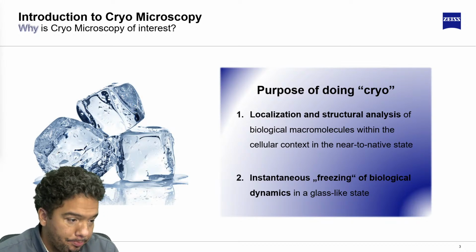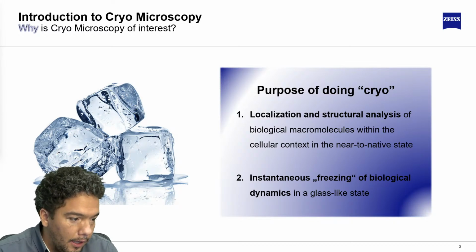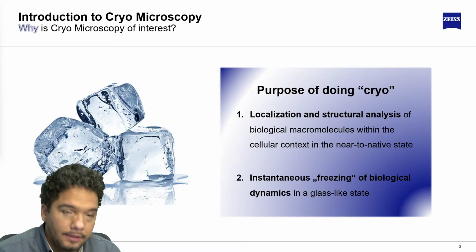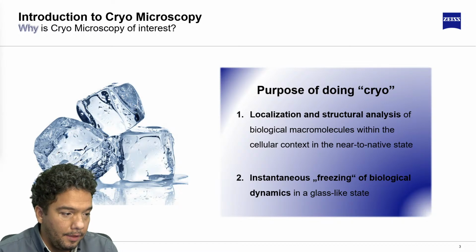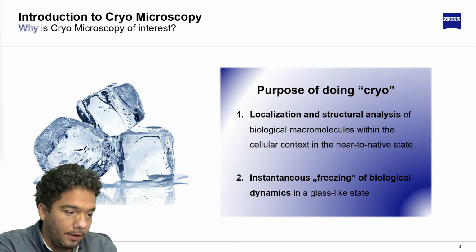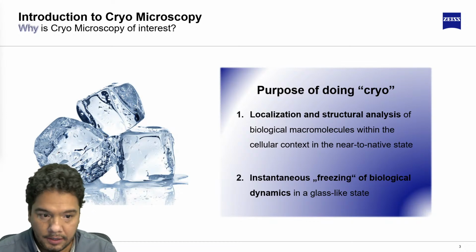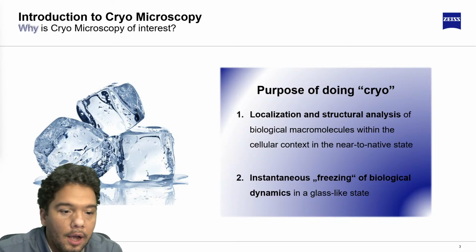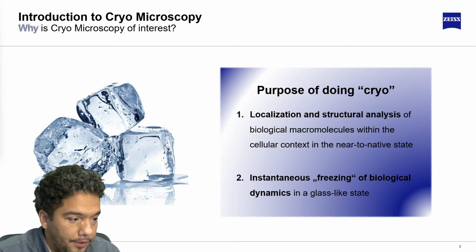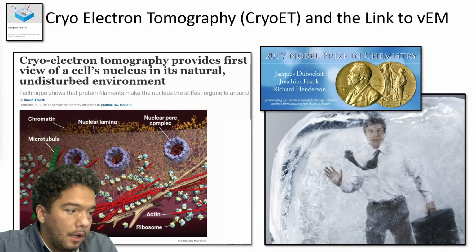The other important purpose is to preserve dynamic events, for example in developmental biology, in a glass-like state, so that you can evaluate these dynamics on different samples and at different states.